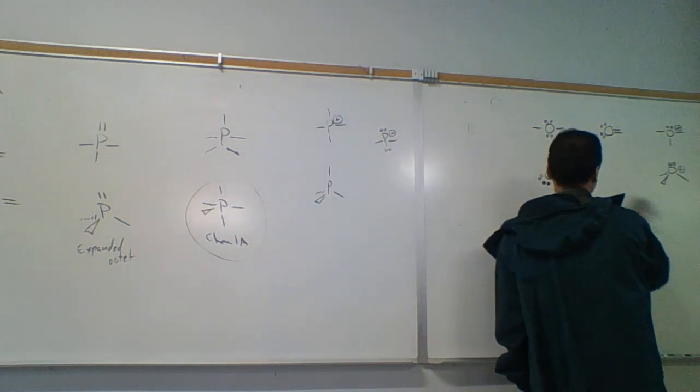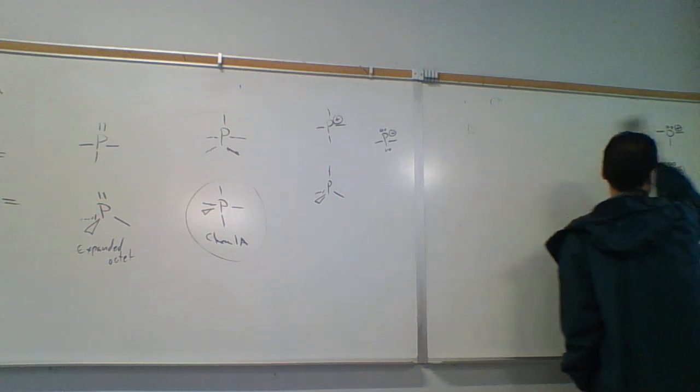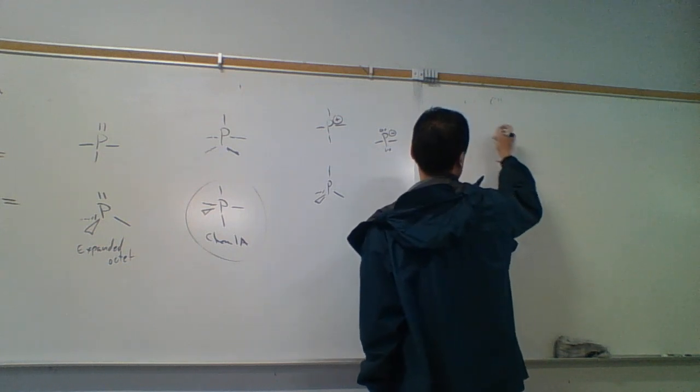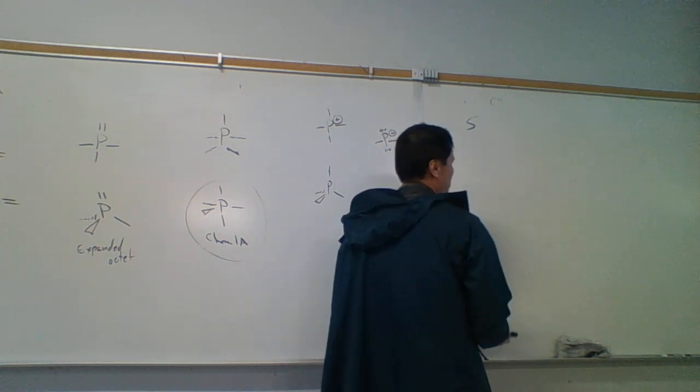Sulfur is in the same family as oxygen, and so it's going to show all these plus 2 more. So I'm not going to draw the ones that are the same as oxygen.